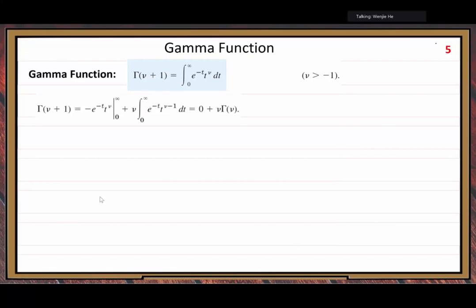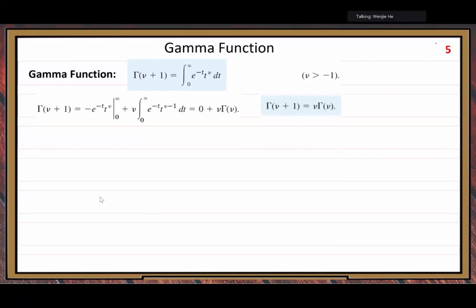Here, when you calculate integration by parts, you get a recursion formula, because another gamma function appears.